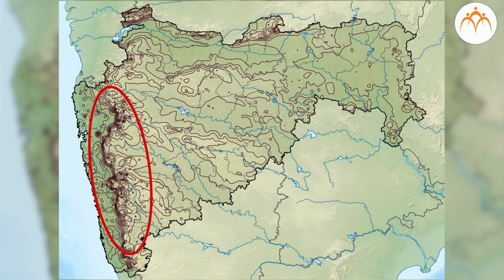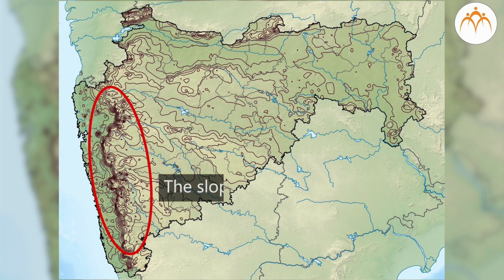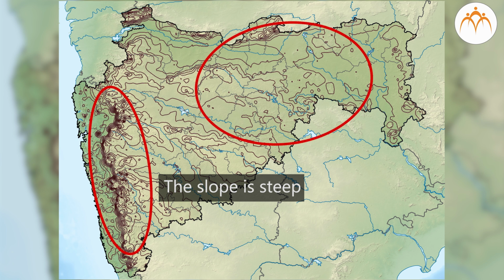Some lines are close to each other, means distance between these lines is less, while some lines are away from each other, means distance between these lines is more. Where these lines are close to each other, the slope is steep, whereas where the distance between the contour lines is more, the slope is gentle.